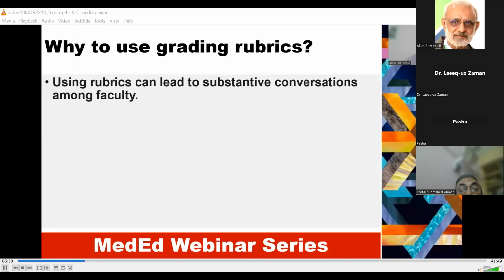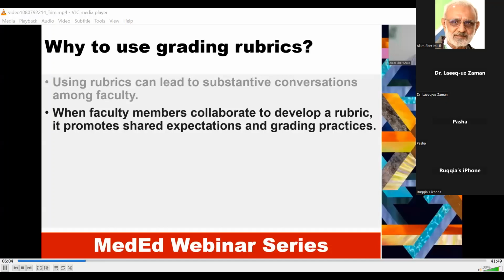Using rubrics can lead to substantive conversation among faculty. When faculty members collaborate to develop a rubric, it promotes shared expectations and grading practices, again bringing faculty closer to an agreed level of achievement and their expectations.